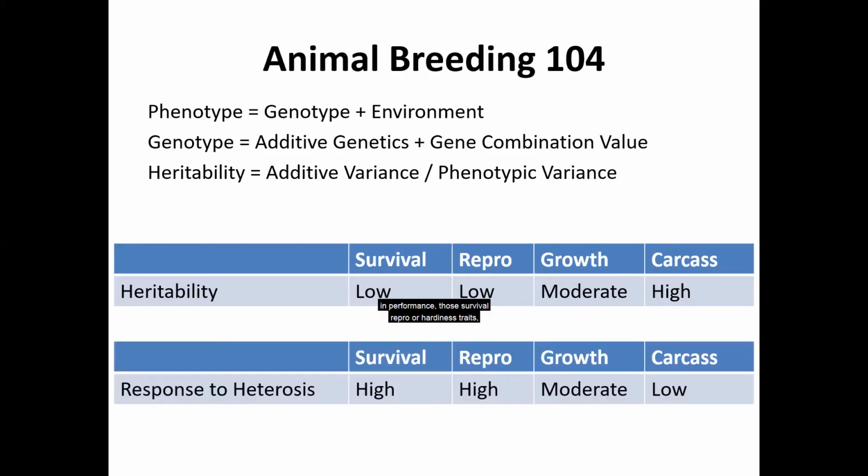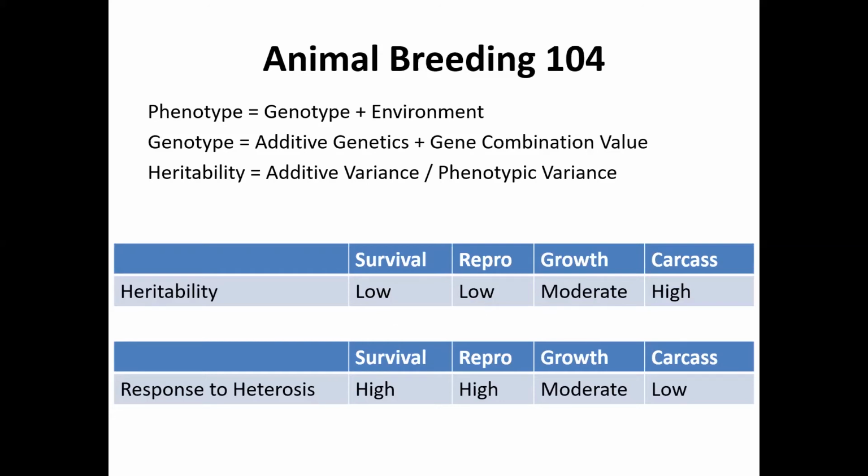Survival traits and repro traits have high response to heterosis. If you think back to what I was talking about with natural systems and preserving heterozygosity and performance, those survival, repro, or hardiness traits are designed naturally to preserve heterozygosity, to preserve diversity.